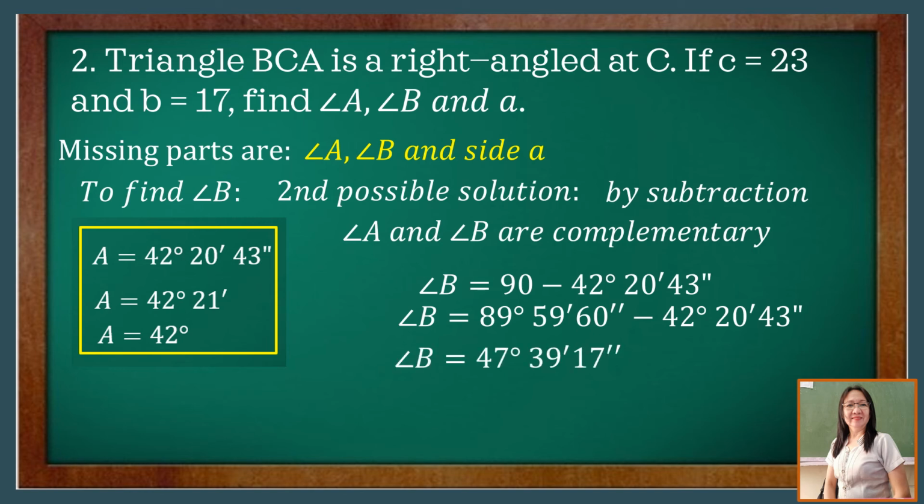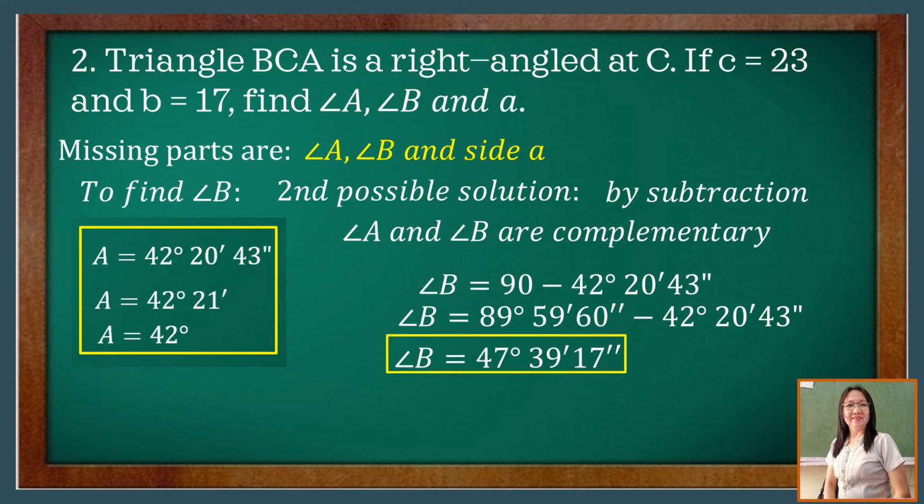So 89 degrees minus 42 degrees will give us 47 degrees. Then 59 minutes minus 20 minutes is 39 minutes. And of course, 60 seconds minus 43 seconds is 17 seconds.